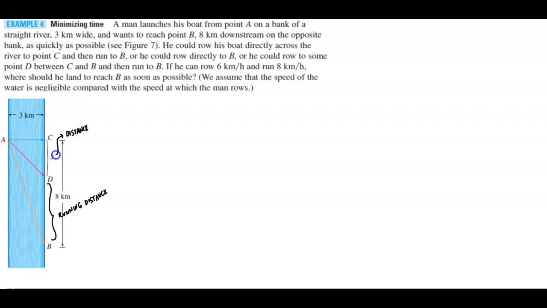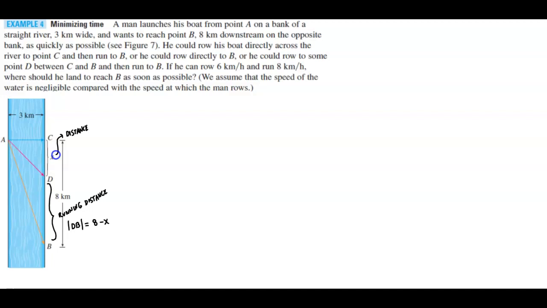We don't know what that is, but we do know that distance is going to be an absolute value because it has to be a positive number, right? And we know that from C to B it is 8 kilometers, but we need to subtract the x to find the distance of the absolute value of DB.